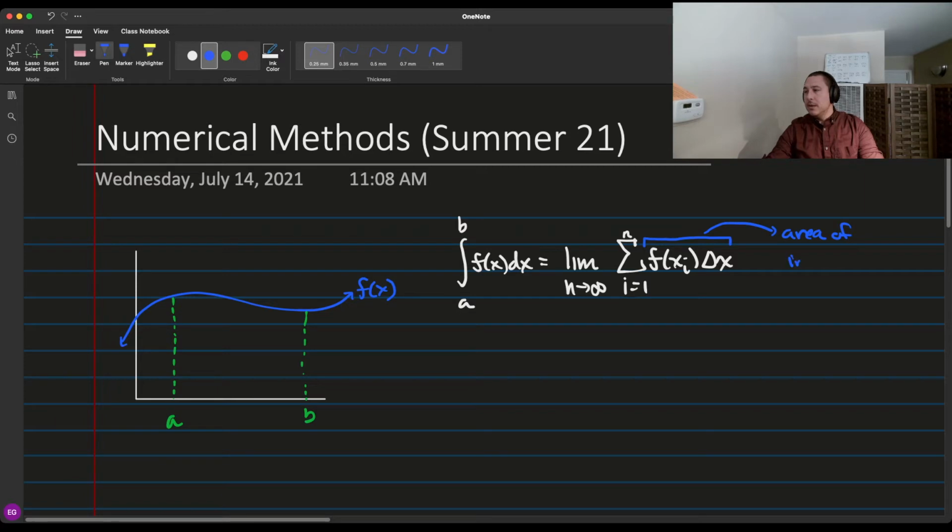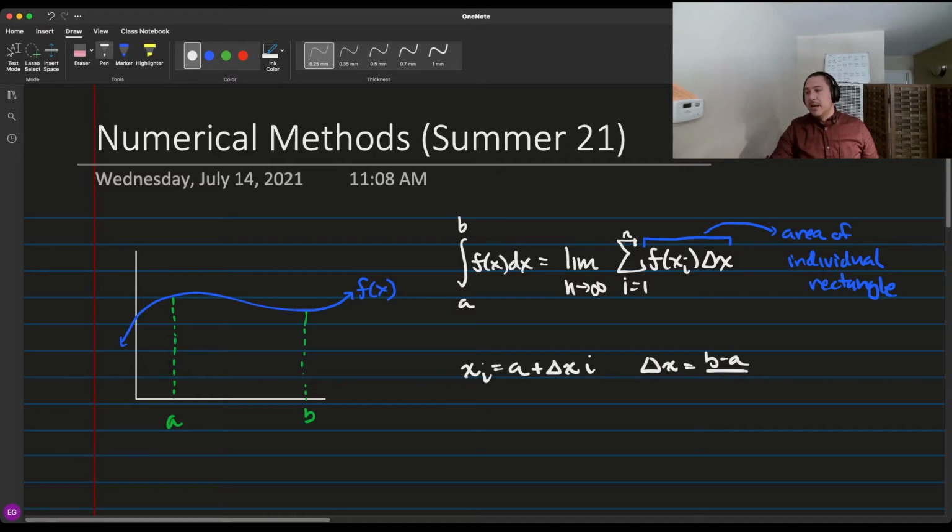Area of individual rectangle. And then remember, we have this formula for x_i, which is a plus i delta x, correct? And then delta x is equal to (b minus a) over n. Remember, the x_i's are the partition, the left and the right endpoints.